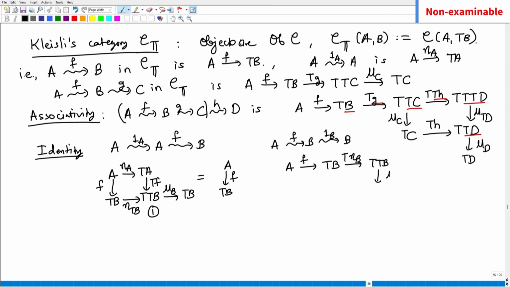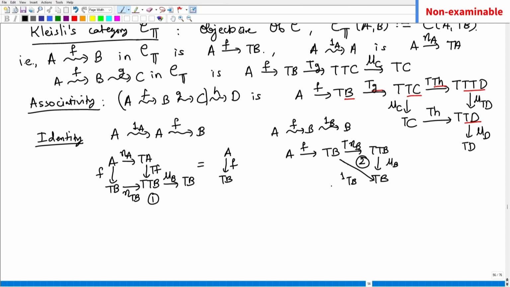And TTB, mu B will come back to TB, and this particular composition is obviously 1 on TB thanks to diagram 2. So using diagrams 1 and 2, we can verify that this is indeed a composition.